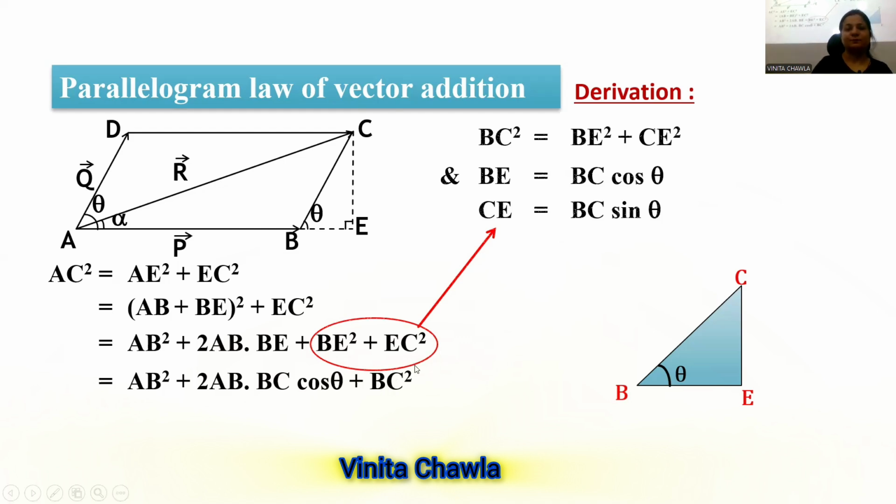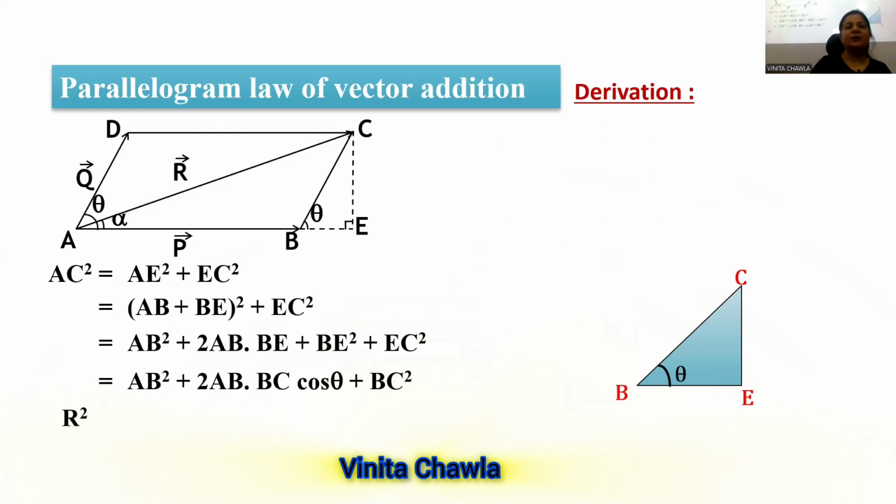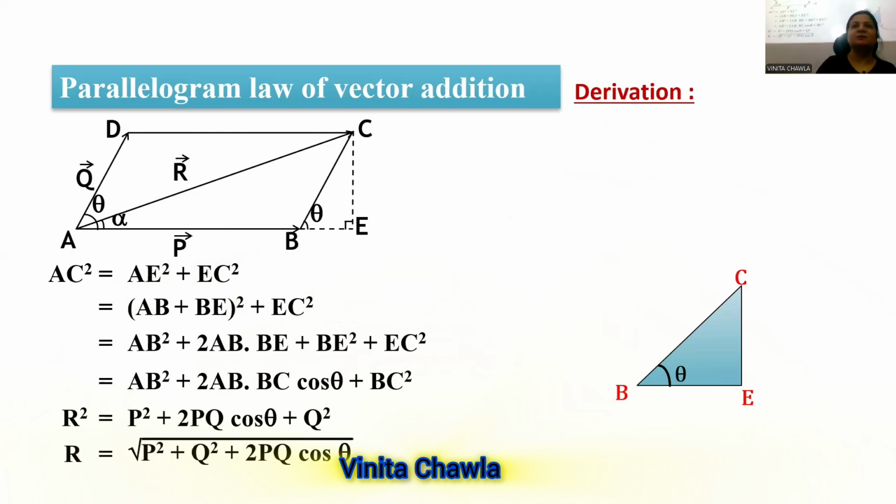Now, because AC is the resultant vector, we write R square is equal to AB, which is P square, plus 2 into AB, which is P, into BC, which is Q, cos theta, plus BC, which is Q square. So this is the magnitude of the resultant vector. And we can write this in square root form.